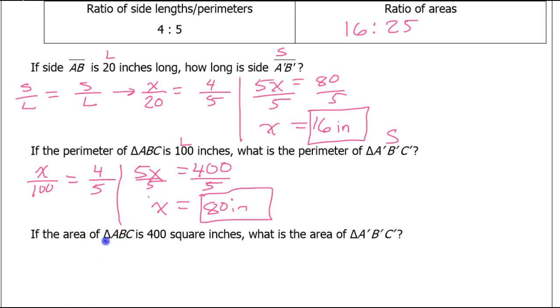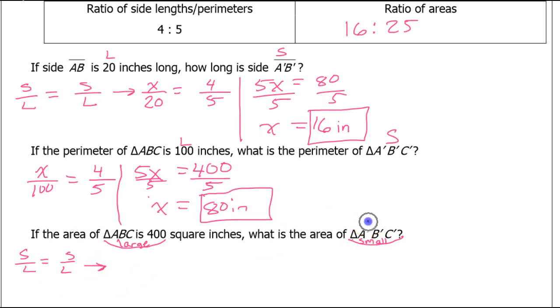And remember, the original triangle we decided was the large one. Okay, and the A prime, B prime, C prime, that is the small. Don't forget about that. So once again, I'm going to do small over large is equal to small over large.